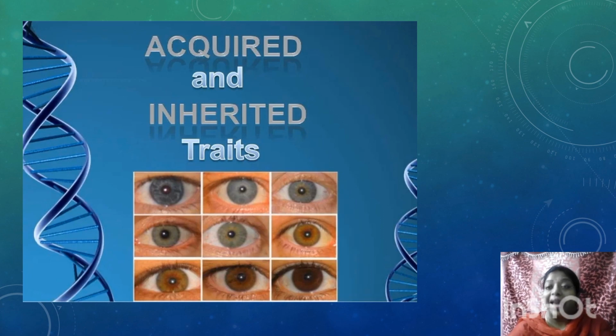Just now we saw in the dihybrid cross also, right? The round yellow was dominant. The wrinkled green was recessive, because it did not express itself.